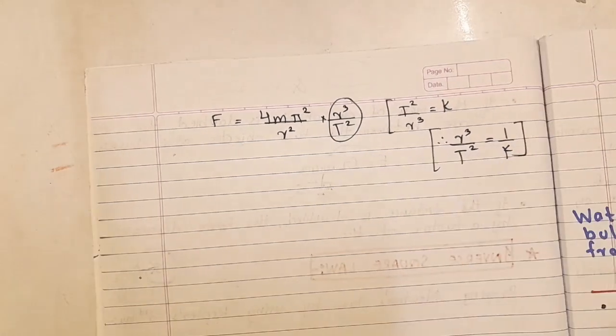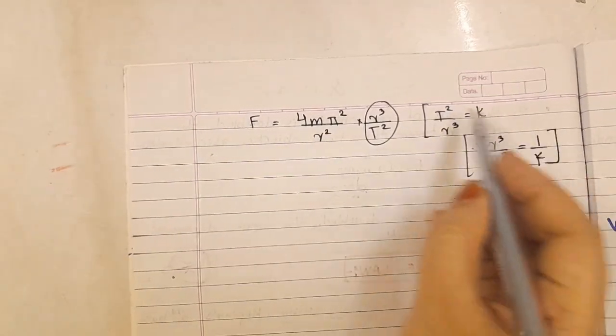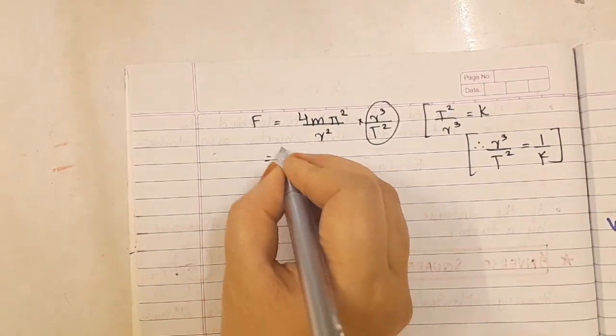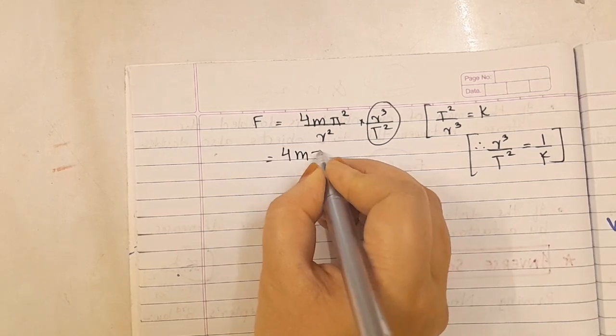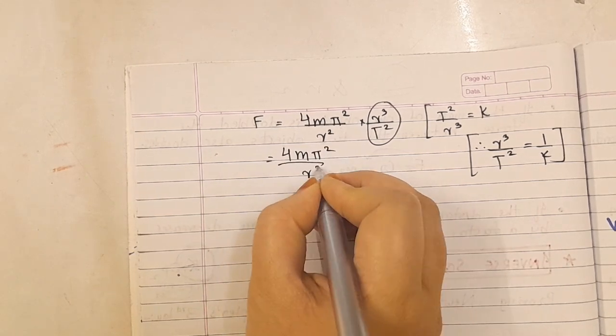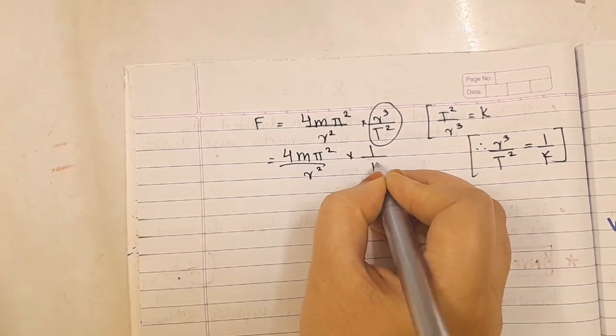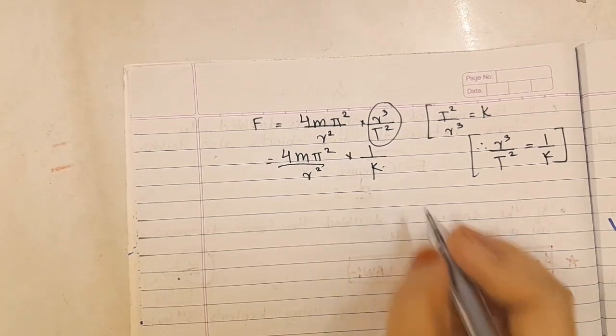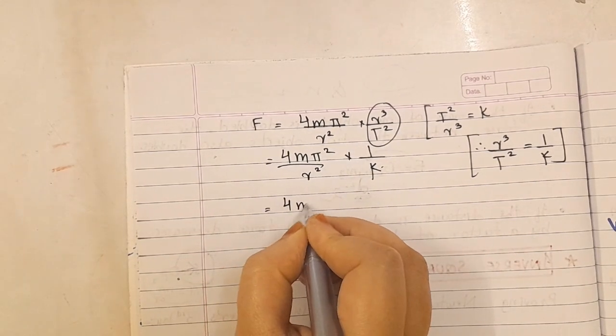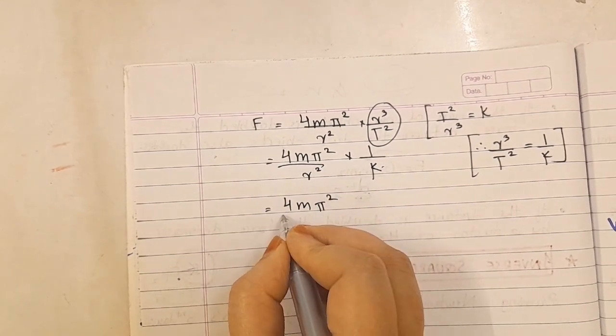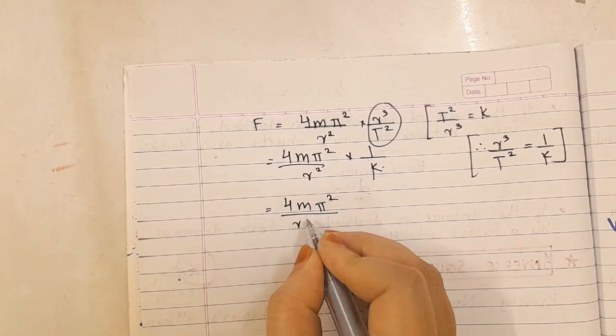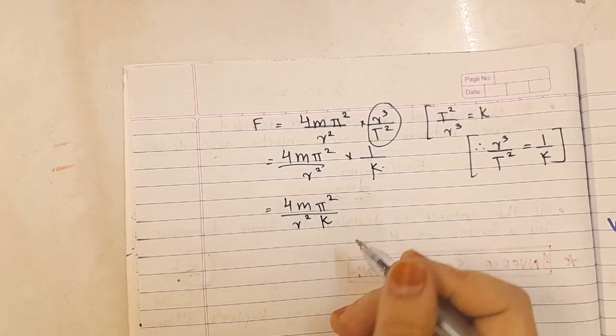Now substitute this 1 upon k into this equation. So we will get 4m pi square upon r square into 1 upon k. Now write here 4m pi square upon k r square.